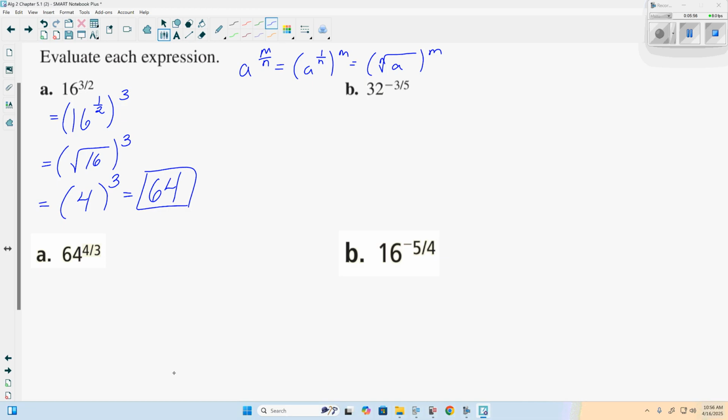32 to the negative 3/5. A to the negative m over n is the same as 1 over a to the m over n. So we could rewrite this as 1 over 32 to the 3/5.